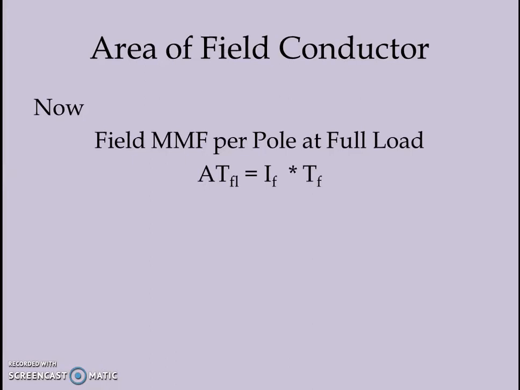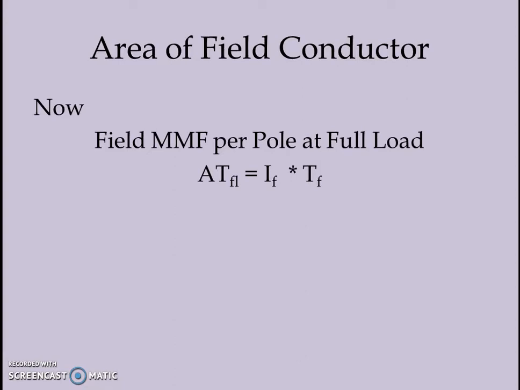So ampere turns for the field at full load is the product of IF multiplied by TF. This is the normal equation for ampere turns: current passing through and number of turns. So IF TF is our equation for field MMF per pole at full load.